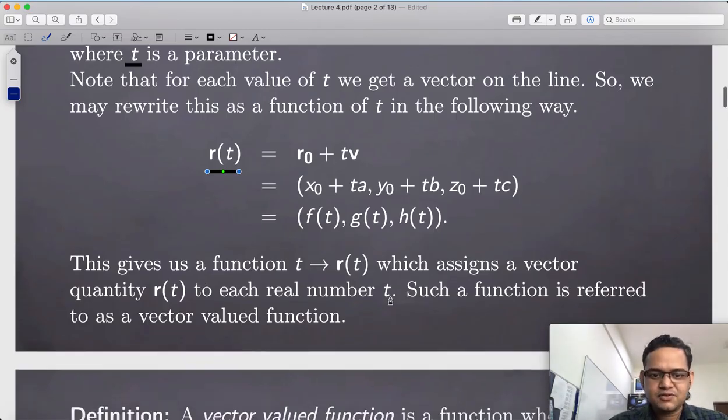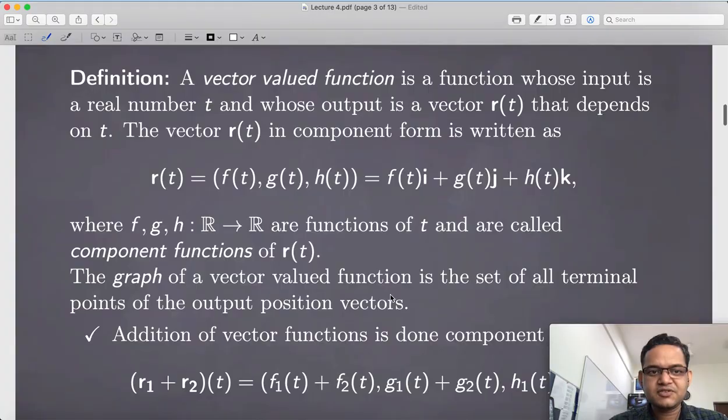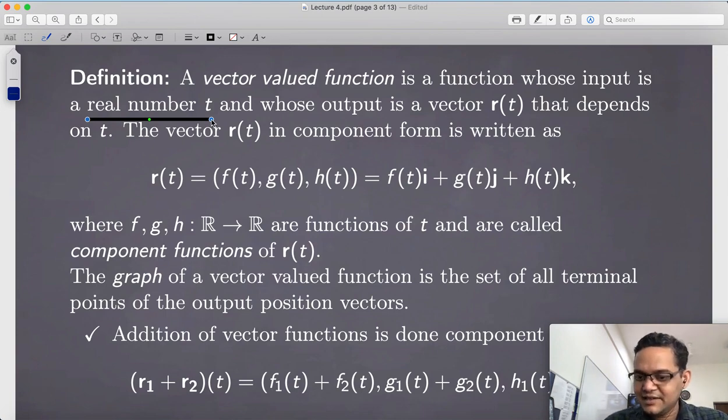More precisely, let us write down the definition on record. A vector valued function is a function whose input is a real number. The parameter t is the input, so the domain of this function is the real line, or it can be a subset of the real line, and the output is going to be a vector.